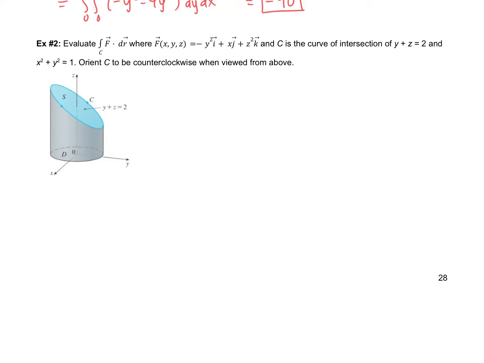So this is where we would think, is Stokes' theorem going to be helpful? So first question, like we asked before, is our surface smooth? Yes, it is. Does our curve C have positive orientation? Okay, well, let's take a look.